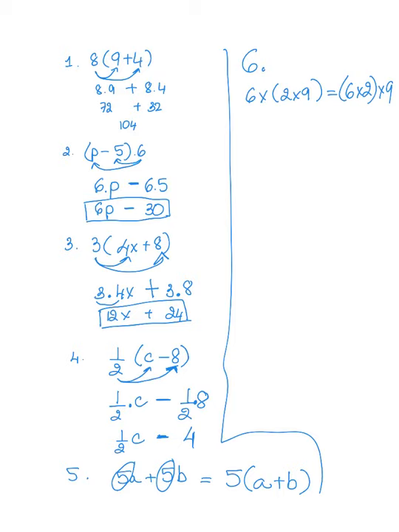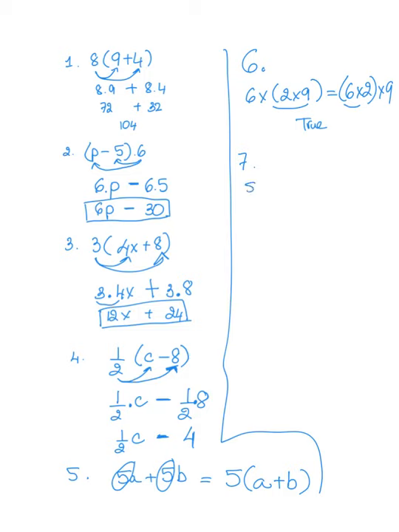So the first set they group 2 and 9, but the second set they group 6 and 2. So this is true. It is associative property with different groups. Very good.